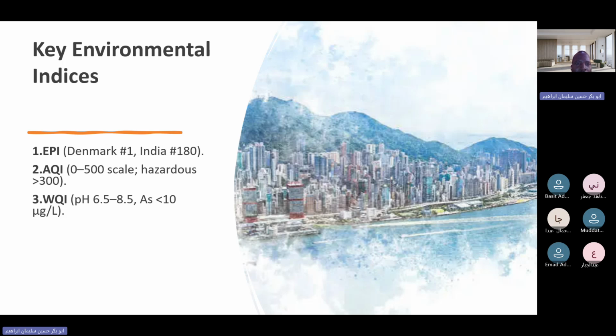One of them is the biological oxygen demand, and another measurement is the pH. Also, pH will be suitable.